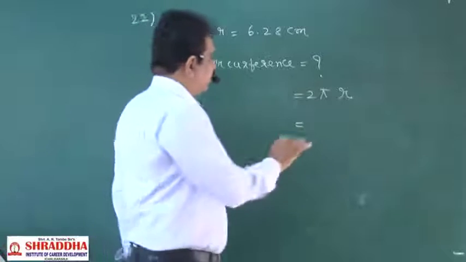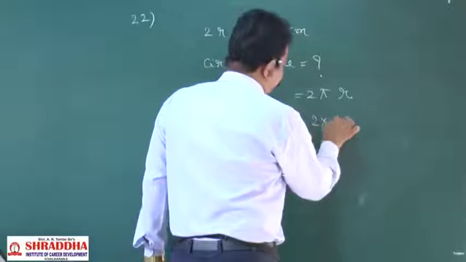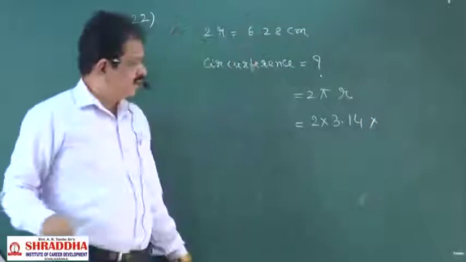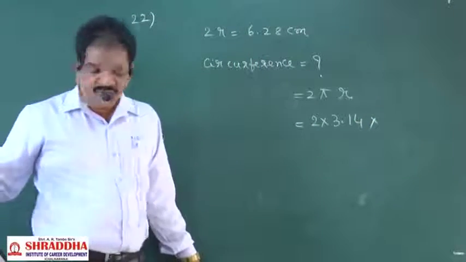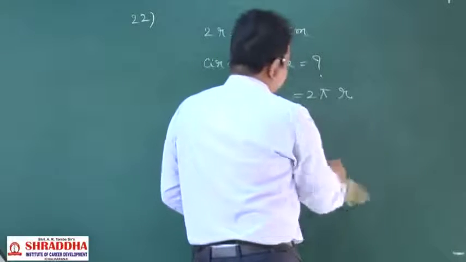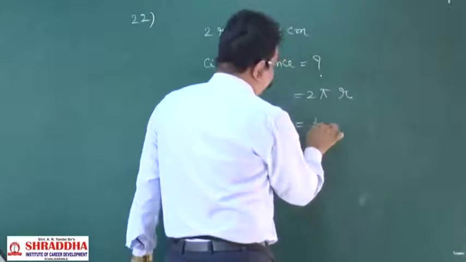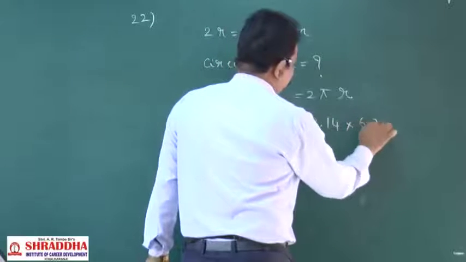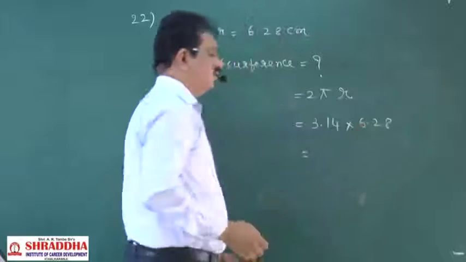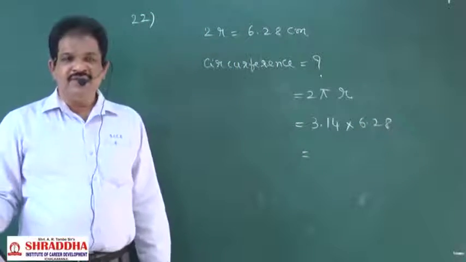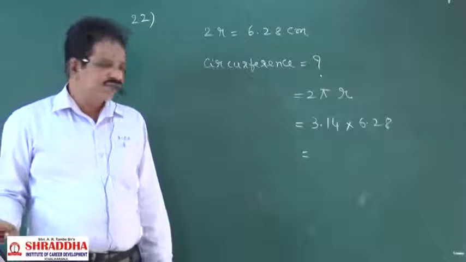So 2 into the r value, already 2r is given. So pi value is 3.14, 2r value is 6.28. Here also no need to multiply, just use the logic.